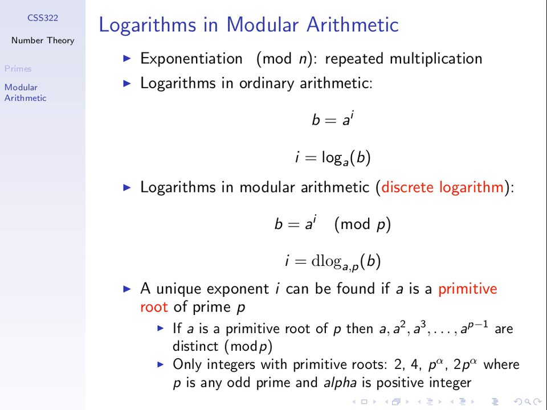So if p is prime and the base a is a primitive root of p, then there's a unique value of i. To understand this, we need to explain what a primitive root is.